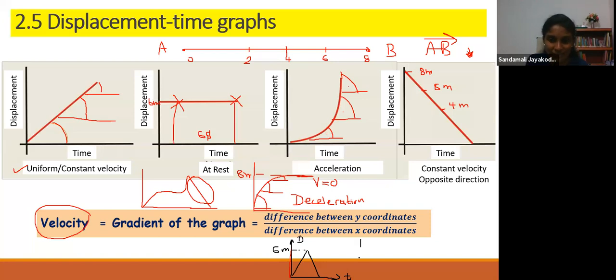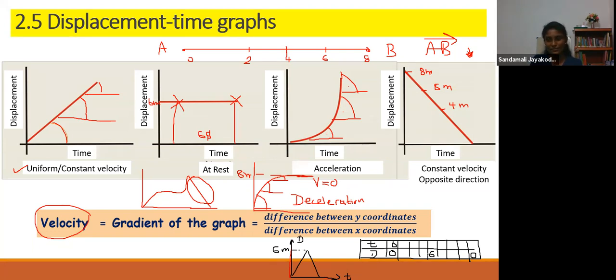This is like a table we have made. Displacement time data table. T and here D. D is starting from 0 at 0 seconds, and by the time it goes to 6 meters, and finally with the time it has come to the starting point. That is how it happened.